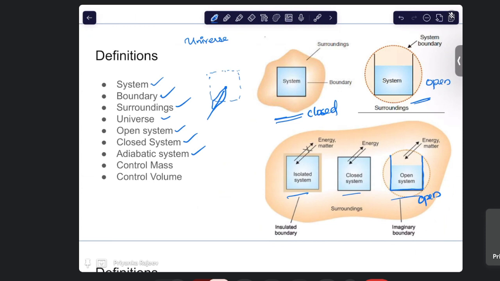And then you have got a closed system, where you imagine a closed container again, or closed vessel. So you have for example a pressure cooker you have kept on a stove, or a closed lid container which is kept on a heating coil.